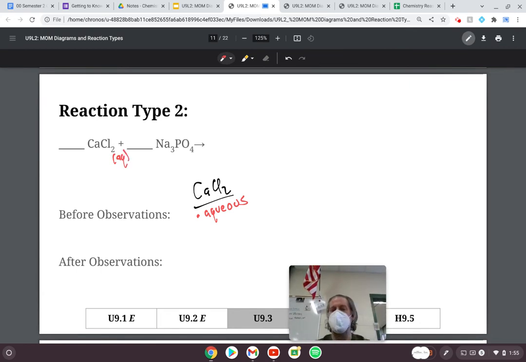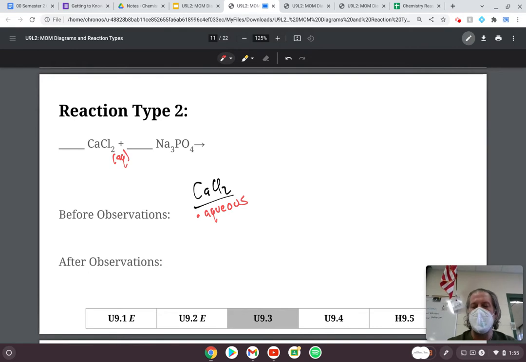What other things could we say about it in terms of its color or lack thereof? Anything? Does it have a color? What color would it be? It is transparent.